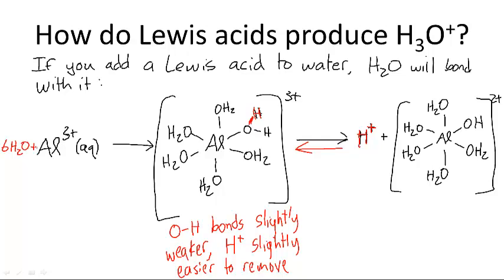Generally, this first step, though, does happen completely. Every aluminum 3 plus ion you dissolve will get surrounded by 6 water molecules. So that first step happens completely, but then this dissociation is only going to be a small percentage of the molecules that do that.